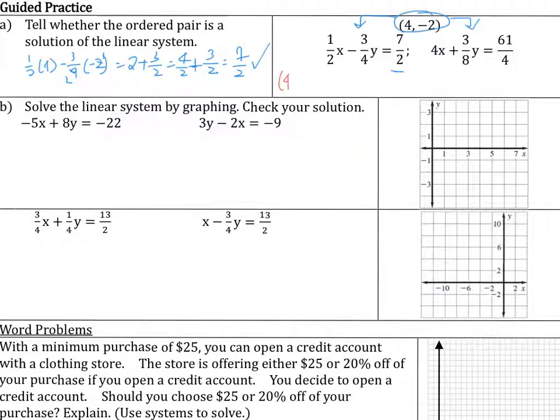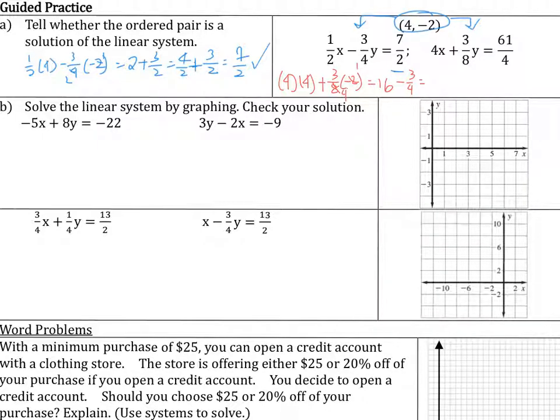4 times 4 plus 3/8 times -2. Okay, you can simplify the 2. You get 16. You've got a negative sign here, so there'll be -3/4.